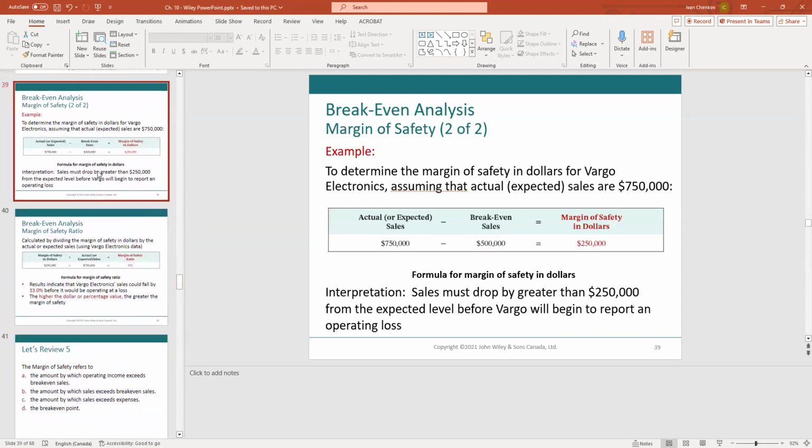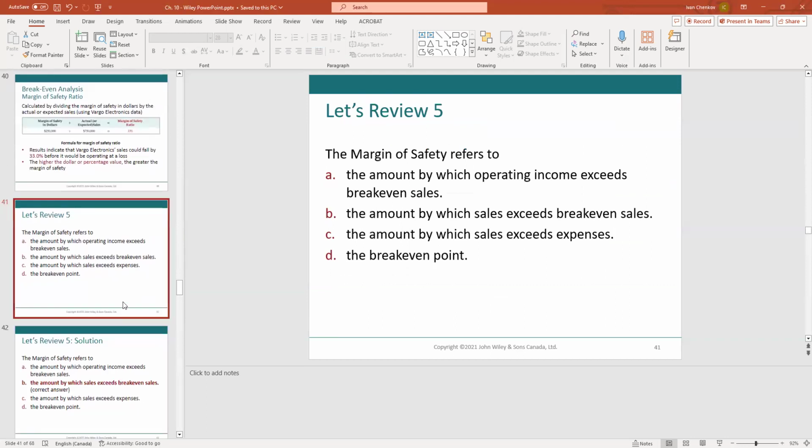Is our calculation here based on the net income? No. What is it based on? Sales. Sales. What would be the right one? Margin of safety. B. B.